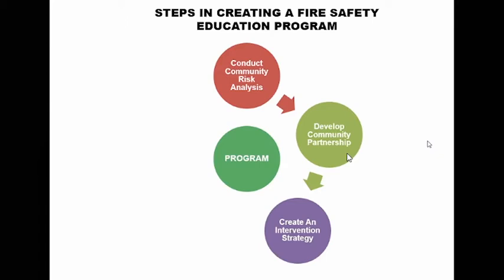Then you create a strategy involving those partners, because we work through the principle of cooperation. We do not work alone, but we need the community to work with us. So we need an intervention that involves the community.